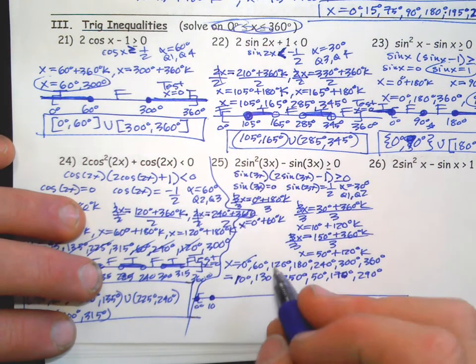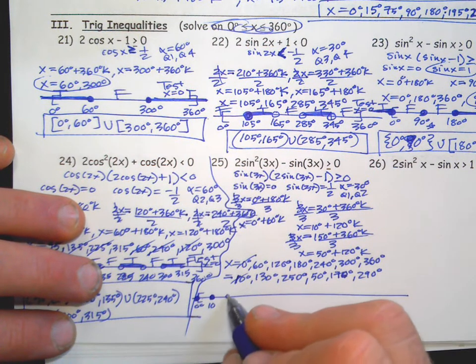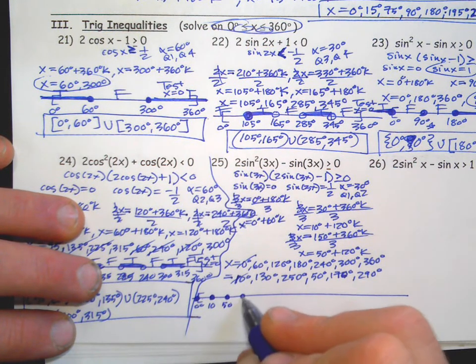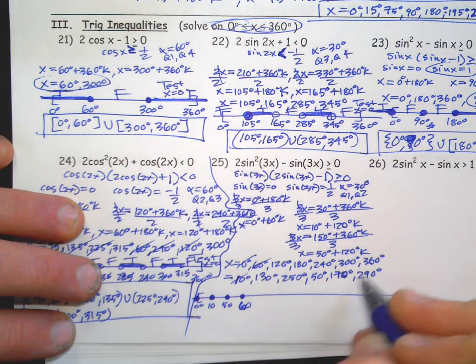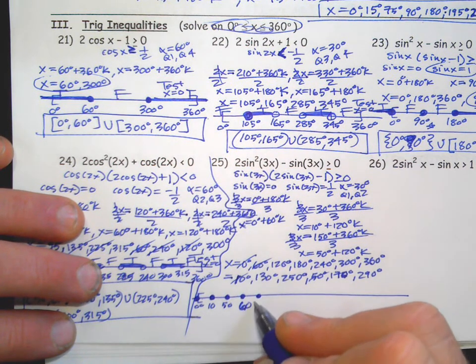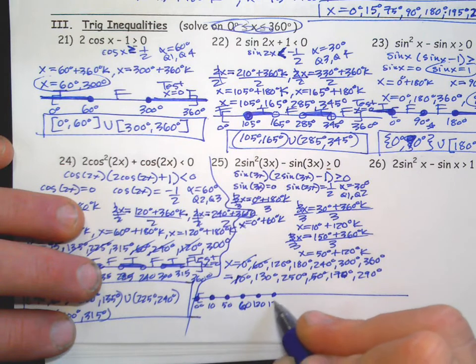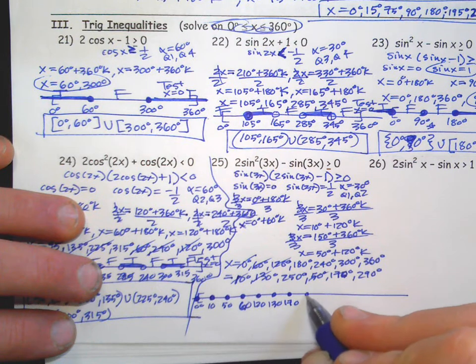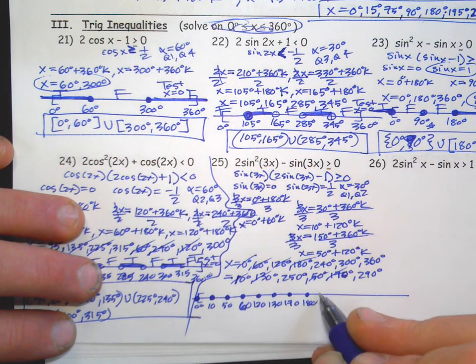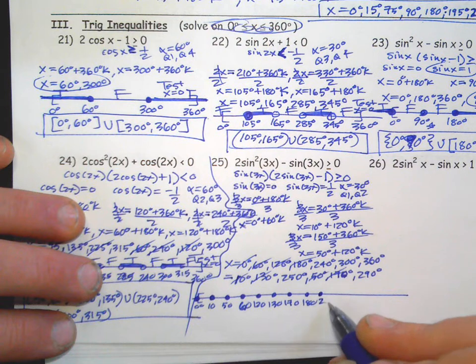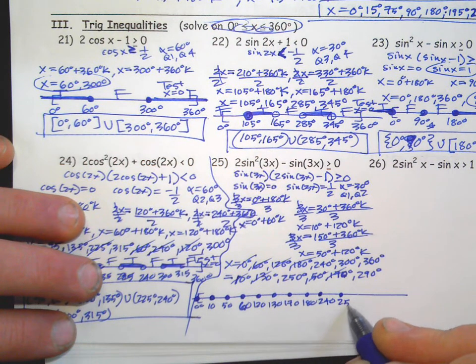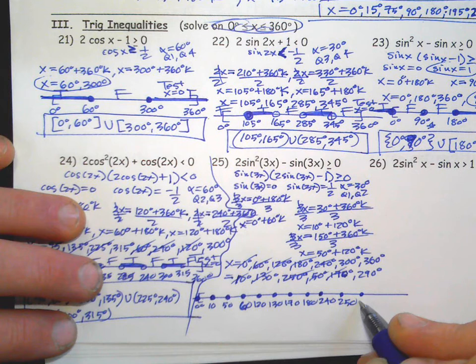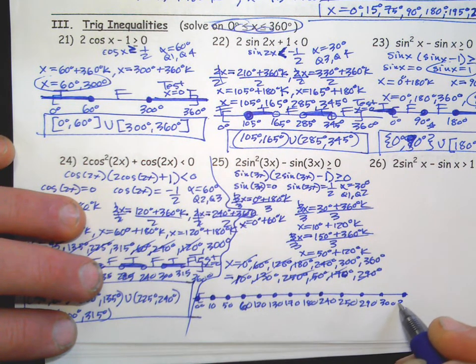Nope. 10, 50, 60, 120, 130, 170, 180, 240, 250, 290, 300, 360. Oh my gosh. That's also the edge.